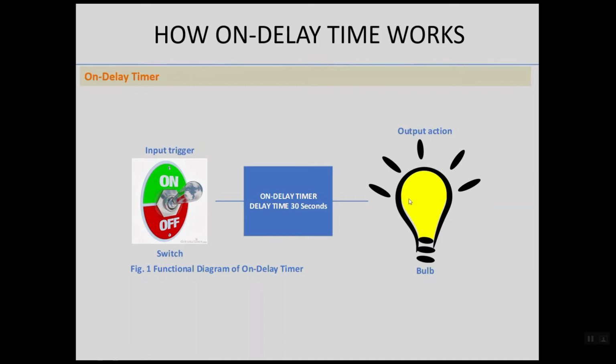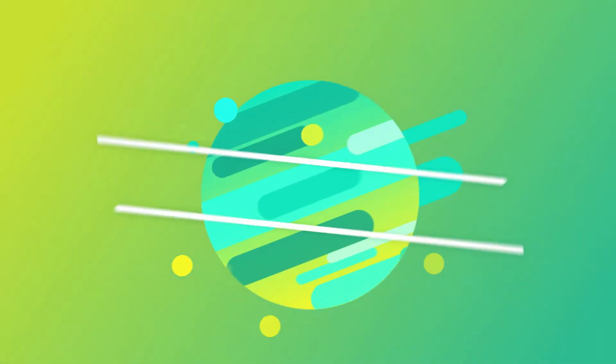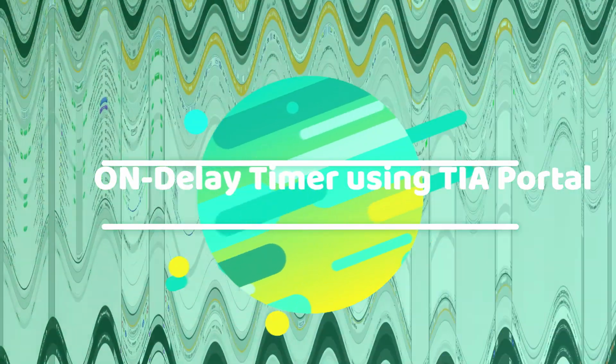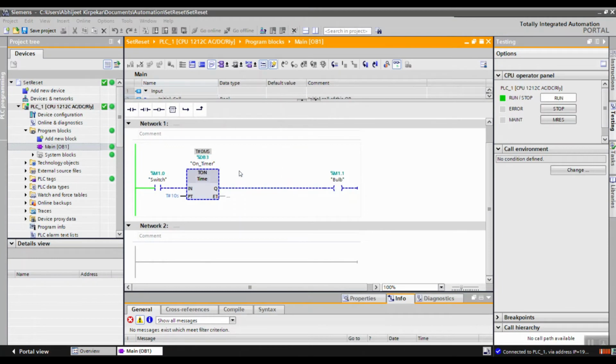Let us see the operation of the on-delay timer using Siemens PLC and TIA portal software. This is the TIA portal software for the Siemens PLC, and this area is the working area where we prepare the ladder diagram or functional block diagram.